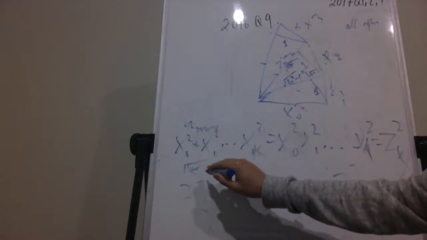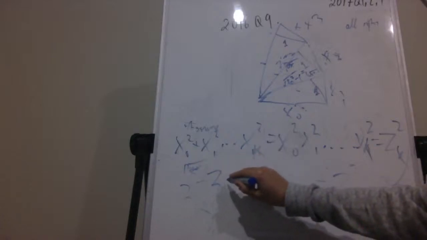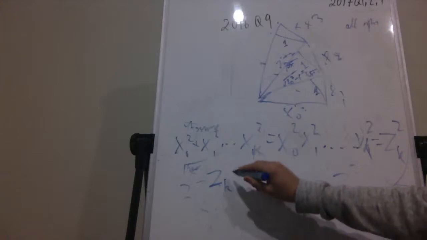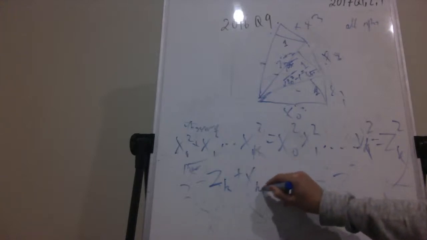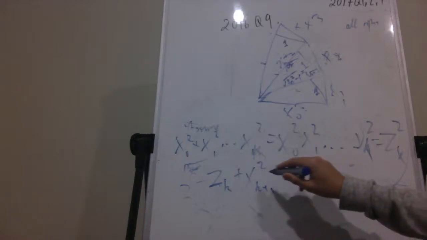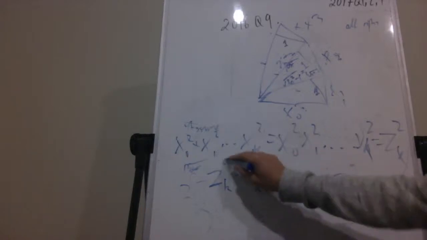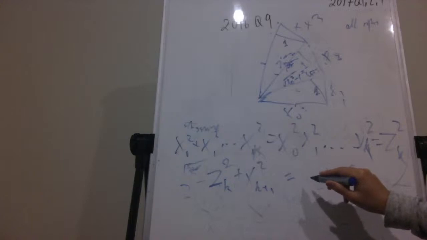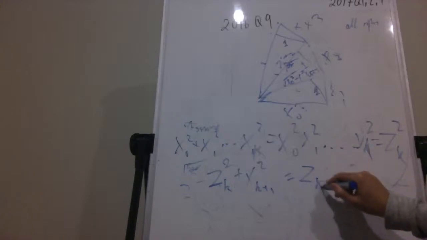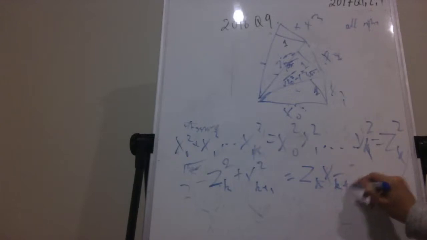He's labeled z as the hypotenuse of each of those triangles. So are you trying to say zk squared plus xk plus 1 squared is equal to z k plus 1 squared?